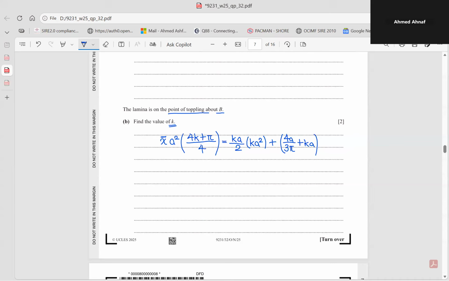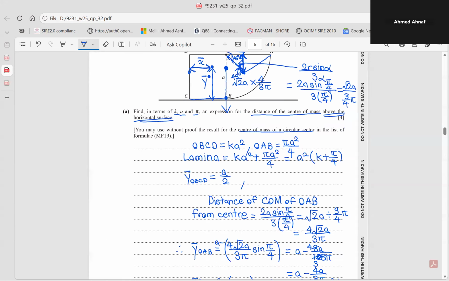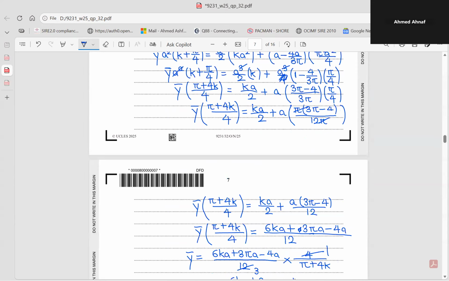Sorry for the disruption. And then you multiply it by the area of the quarter circle, which we found here as well. It's just pi a squared over 4.